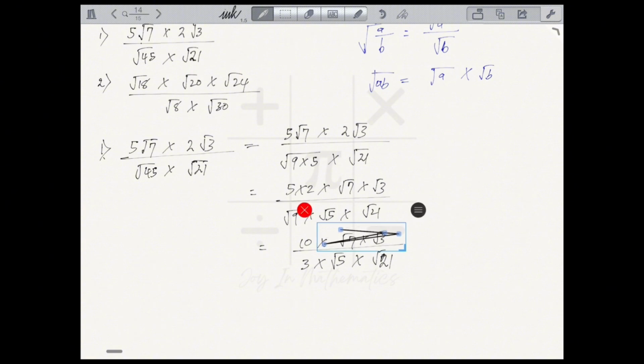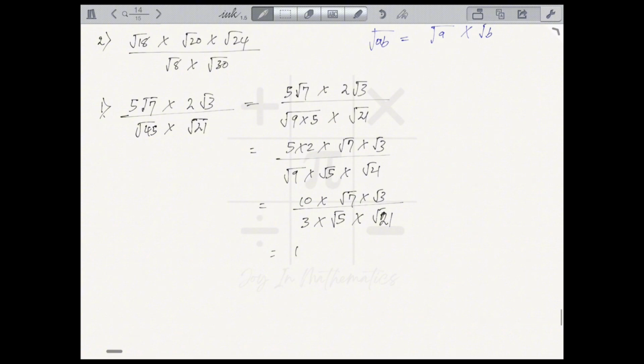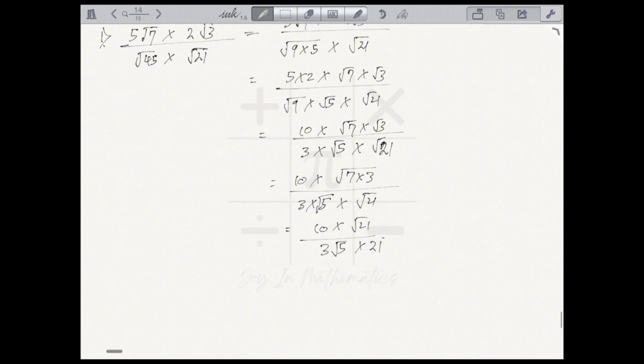Now when we perform root 7 multiplied by root 3, let's apply the multiplication law of surds, and this will give us 10 multiplied by root 21 divided by 3 root 5 multiplied by root 21. Now we can see root 21 at the numerator. We can also see root 21 at the denominator. So they nullify each other, and we will be left with 10 divided by 3 root 5.